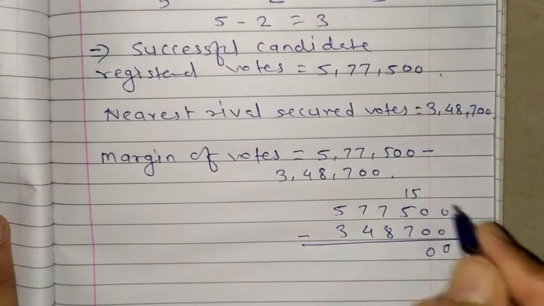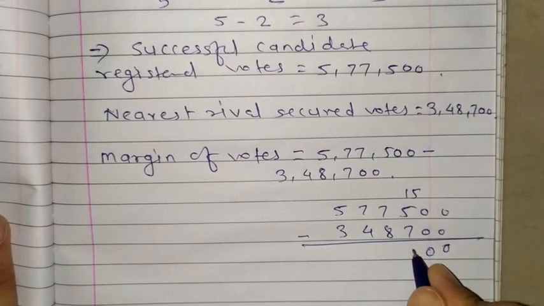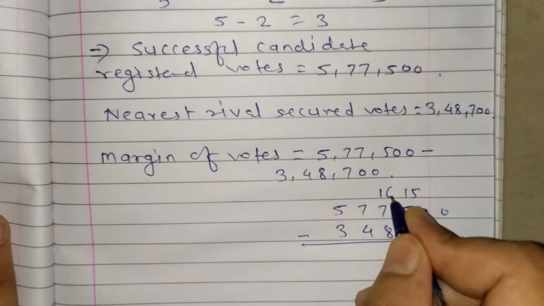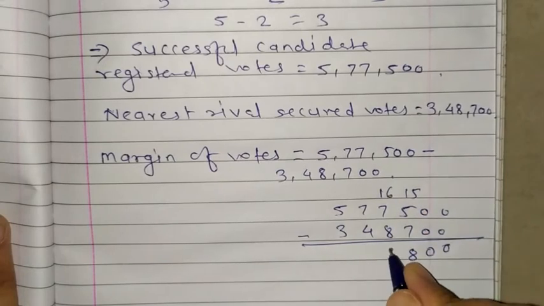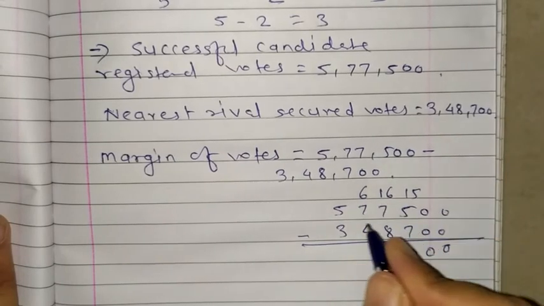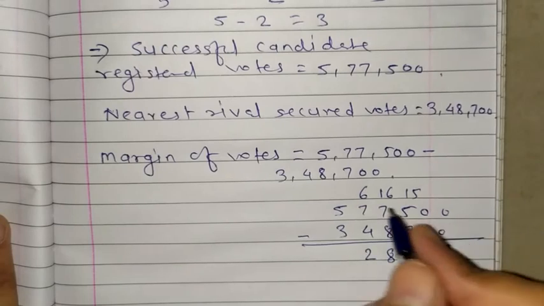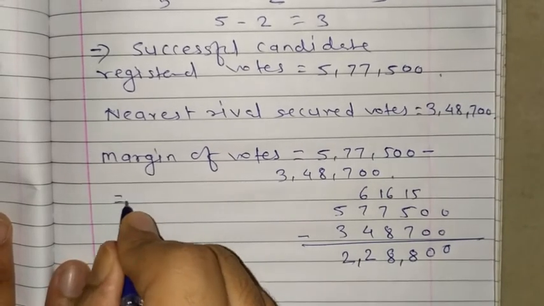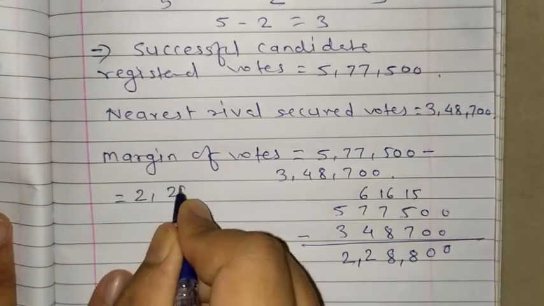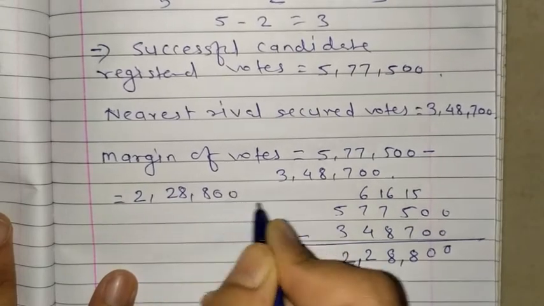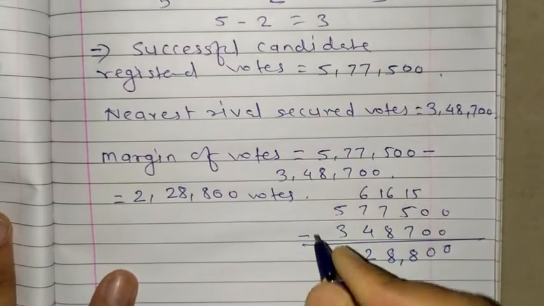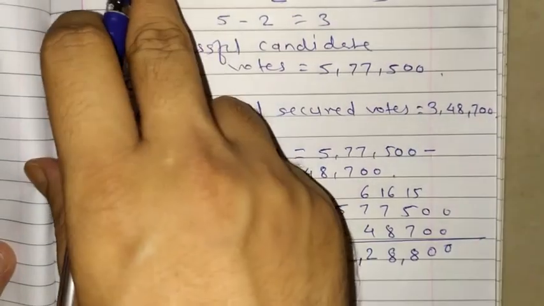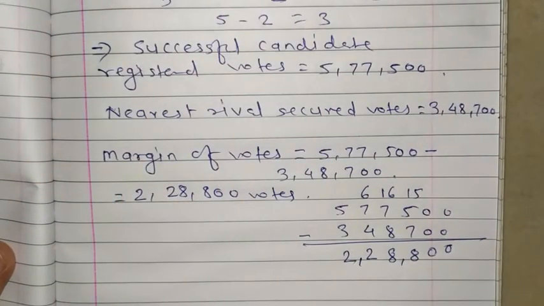Here 15 minus 7 is 8, and then here 16 minus 8 is 8, 6 minus 4 is 2, and here 2. So the answer is 2,28,800 votes.